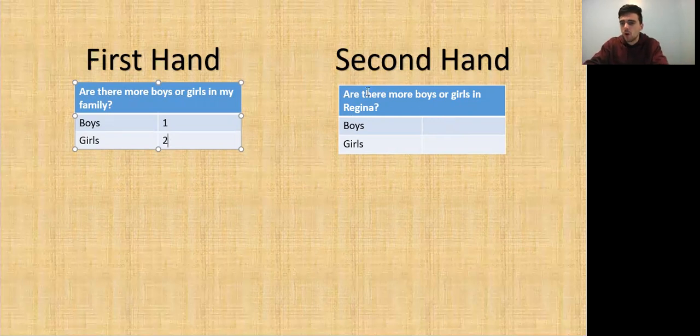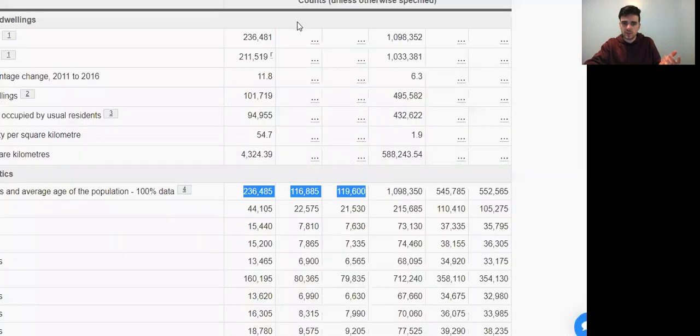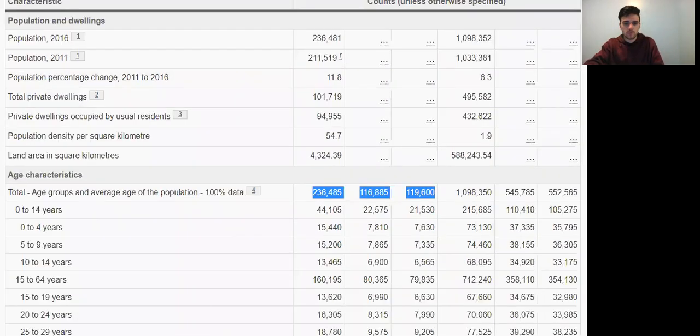For example, are there more boys or girls in Regina? I don't know that. I can't go out and count all the boys and girls in Regina. I'd never be able to tell. So what I could do is I could look at a census. So I have here a census, this was back in 2016, of the age groups of the boys and girls in Regina, well, male and female.